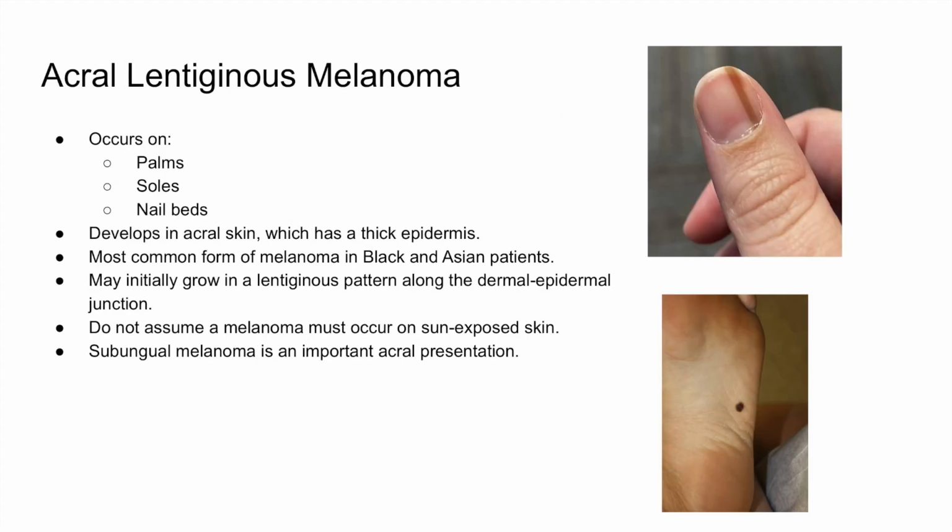So acral lentiginous melanoma develops on acral skin, especially the palms, soles, and nail apparatus. It is not strongly associated with ultraviolet exposure, so do not limit melanoma screening to sun-exposed areas. This is the most common melanoma subtype proportionally among Black and Asian patients, although it can occur in any skin tone. Early growth is often lentiginous, with atypical melanocytes spreading along the dermoepidermal junction before deeper invasion develops.